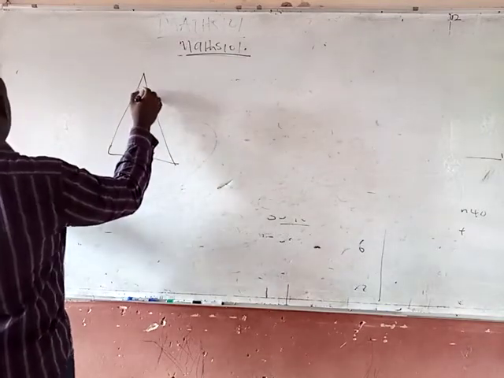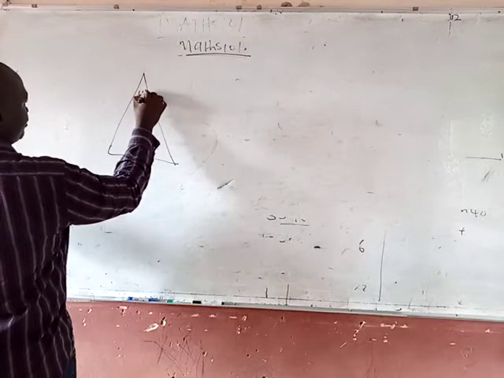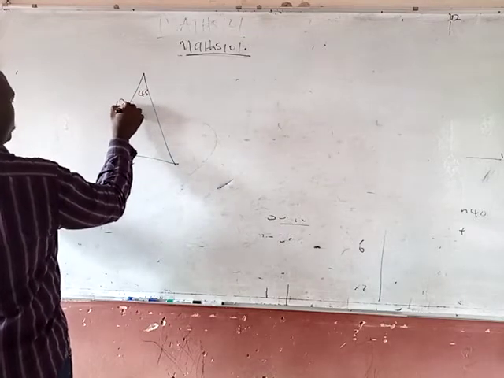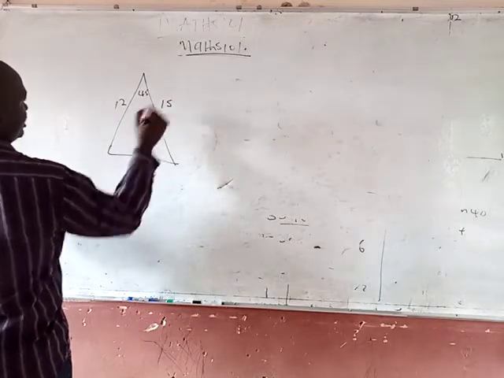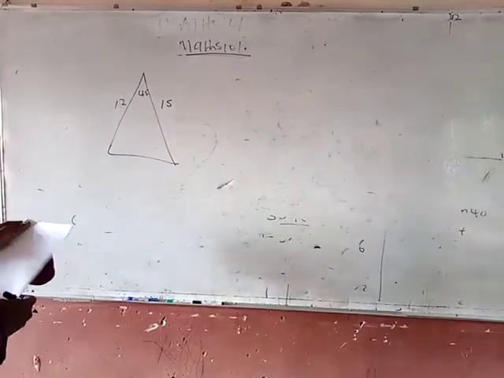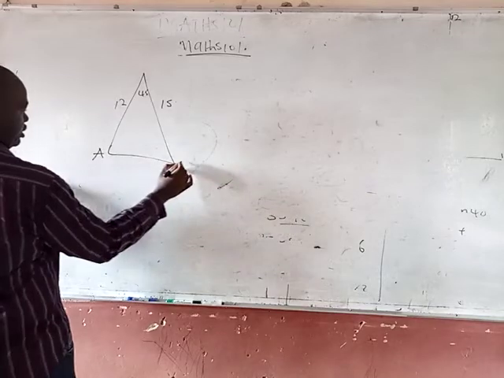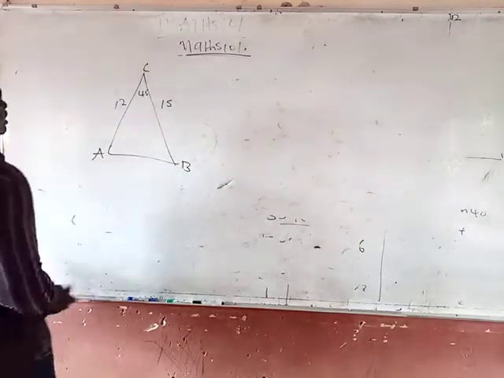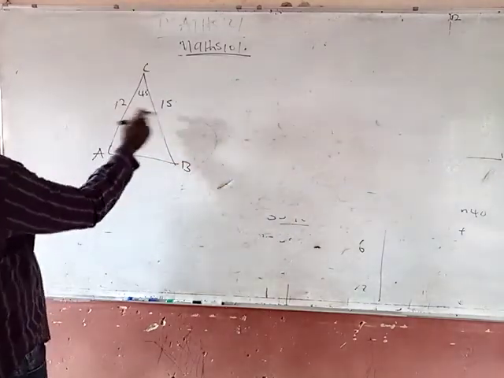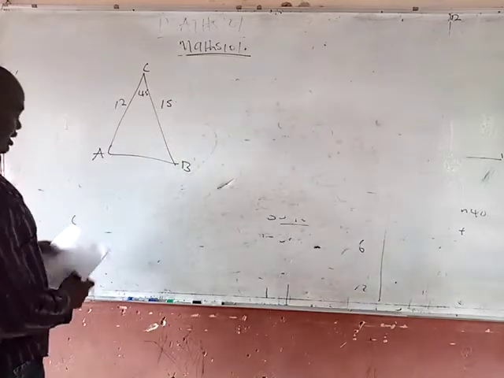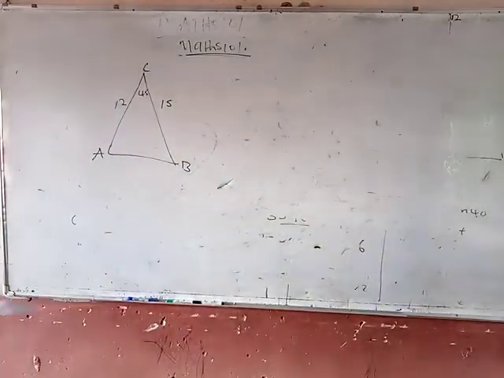You have an angle here, 45, and you have 12 and 15. Right? Good. So here is A, B, and let me call this C. If you have this angle and the adjacent sides like this, and I ask you to find the area of the triangle.